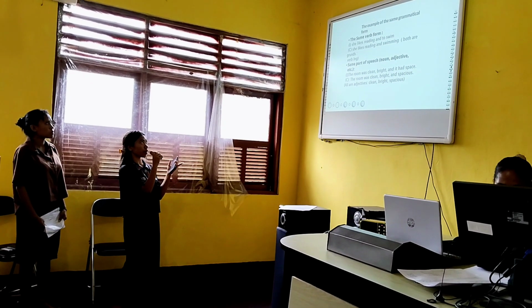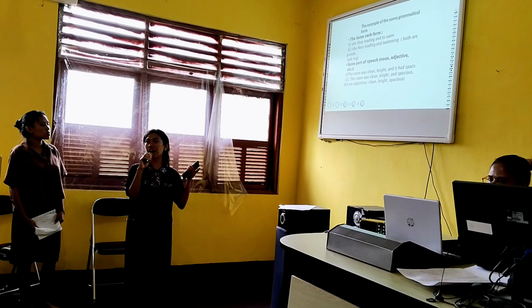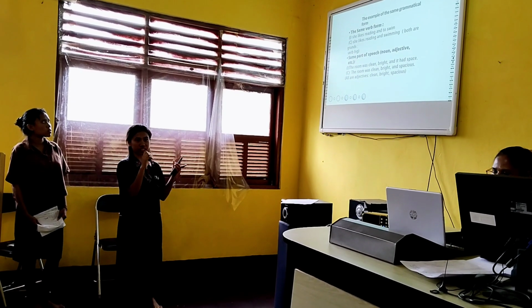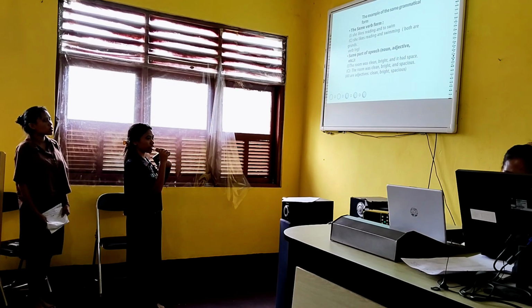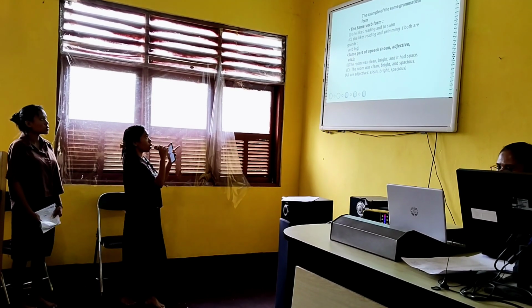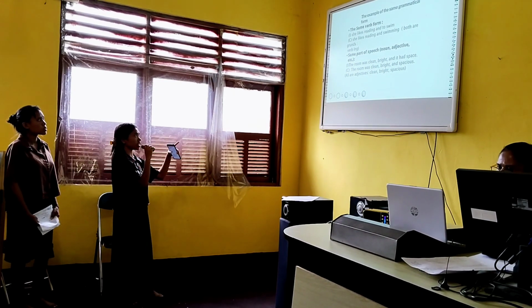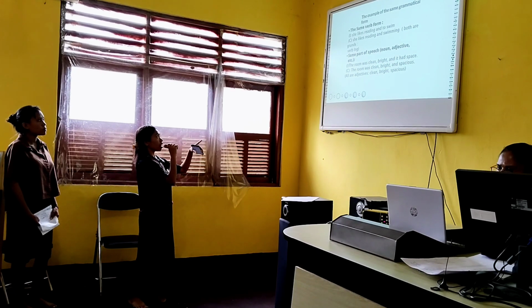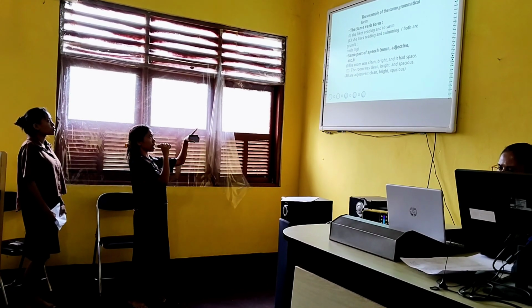So here is the example of the same grammatical form, or the example of the parallel form. This we took out of books, so we searched by ourselves. The same verb form: the incorrect sentence is 'She likes reading and to swim.' Why is this sentence incorrect? Because the verb form is different here. It's not the same.